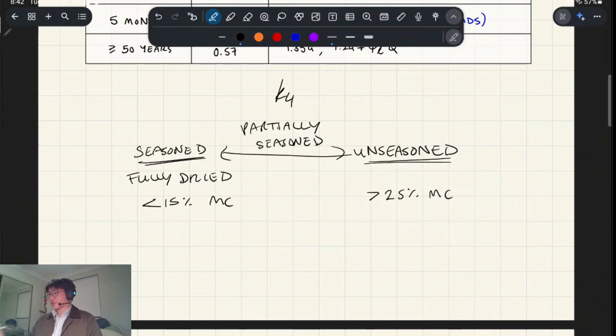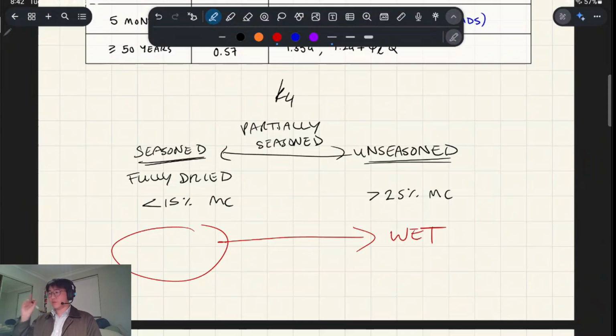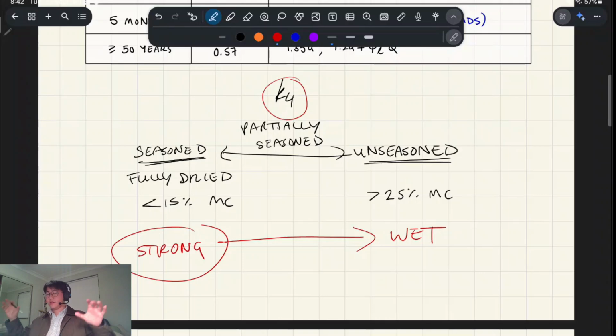This is the partially seasoned factor. So it's essentially saying that if you have something that's seasoned and then you put it in a wet environment, there's one rule to calculate K4. Remember, your seasoned bit of wood is strong. You put it in a wet environment for long enough, and so we decrease the strength to account for this.